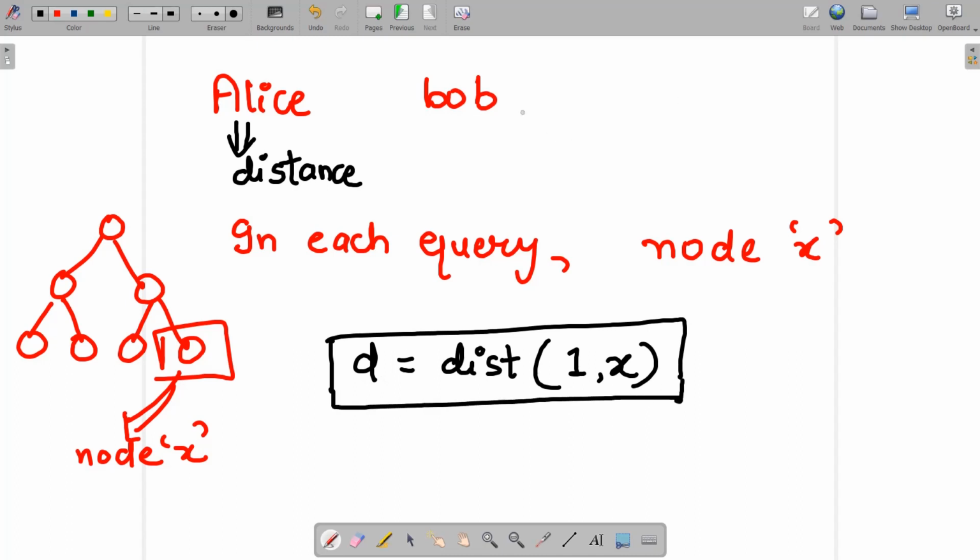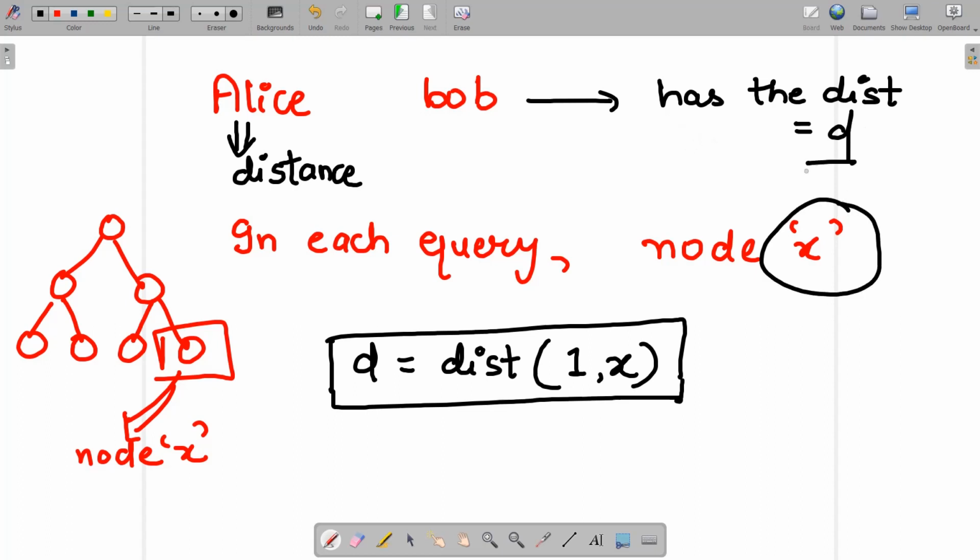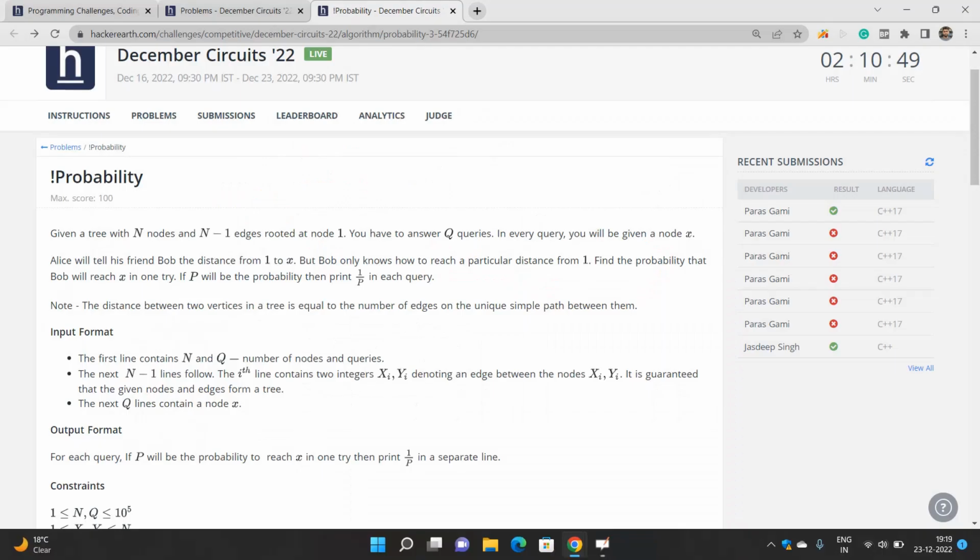So Bob has the distance d, and now Bob wants to reach the node x following this distance d. Bob is going to cover only the distance d, and what is the probability that if Bob covers the distance d, he will reach the node x? That's what is being asked in each query.